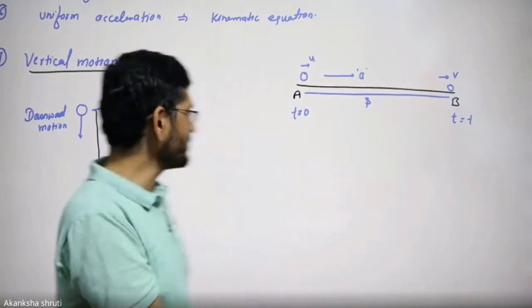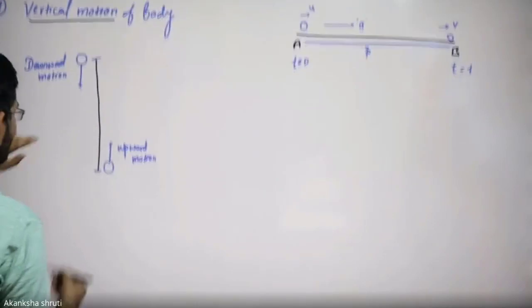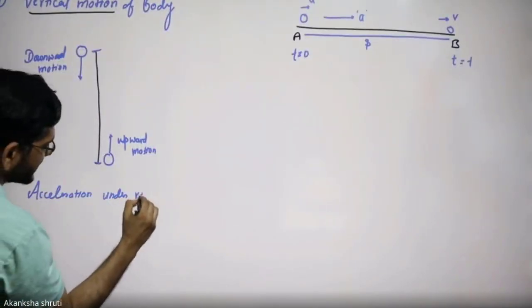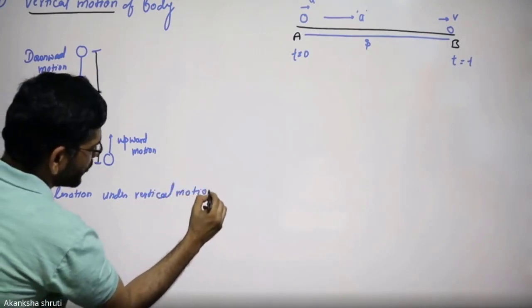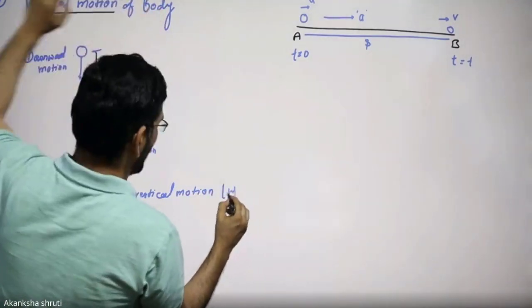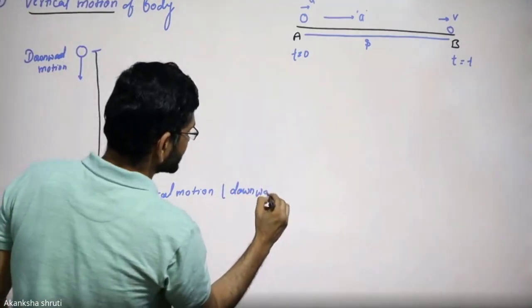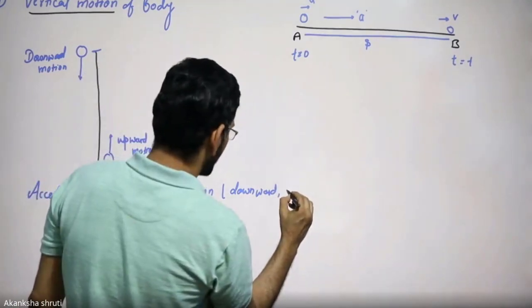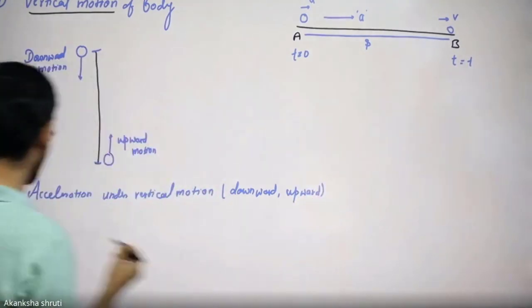So student, keep in mind, for upward motion or downward motion, under vertical motion, this motion can be either upward or downward. It doesn't matter which you consider, only their sign changes.